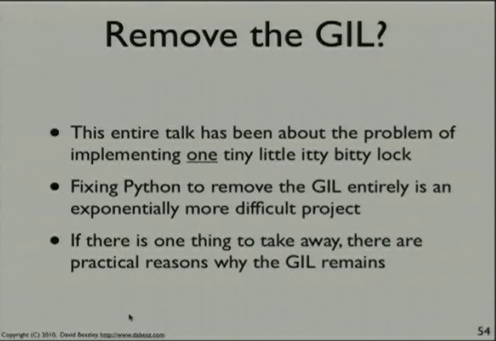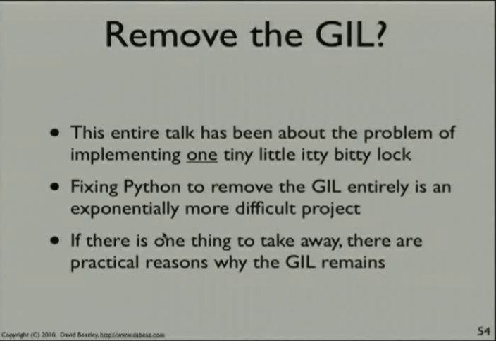One thing to keep in mind is that this talk has been about one freaking lock. There are people who say, well, just remove the GIL. How hard could it be, just take it out. Hey, did you try that patch, Jesse, of just deleting the lock entirely? Yeah, it takes 5 minutes. Yeah, we're going to remove the GIL in a lightning talk later.